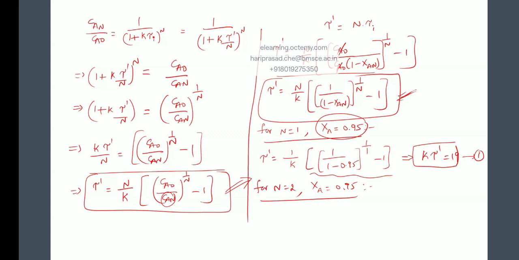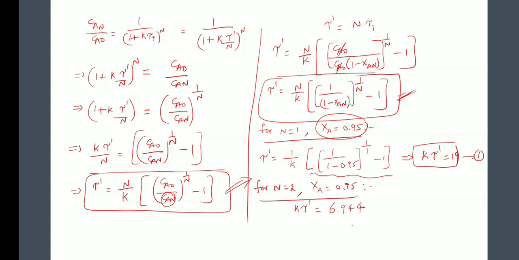In this expression, you substitute n is equal to 2 and Xa is equal to 0.95. If you have two MFR reactors in series, tell me the k into tau dash value. 6.944.